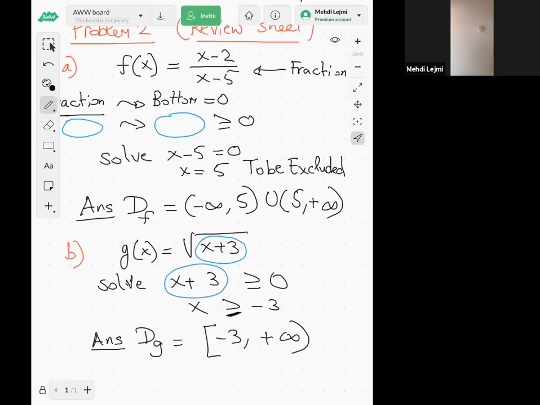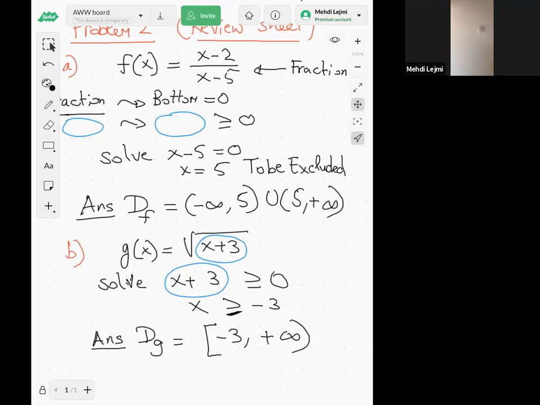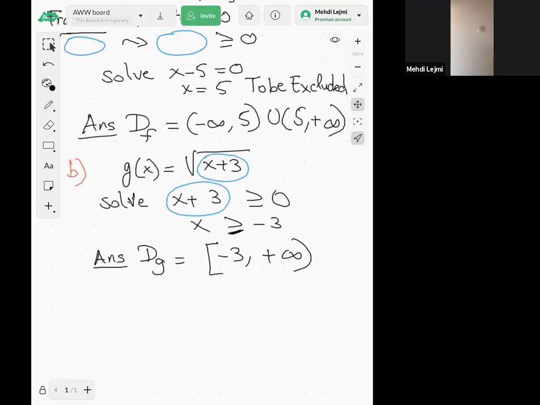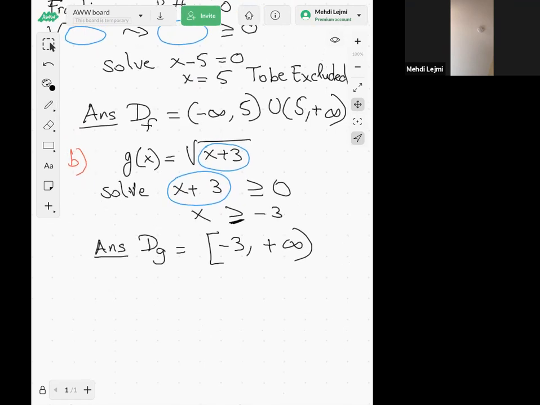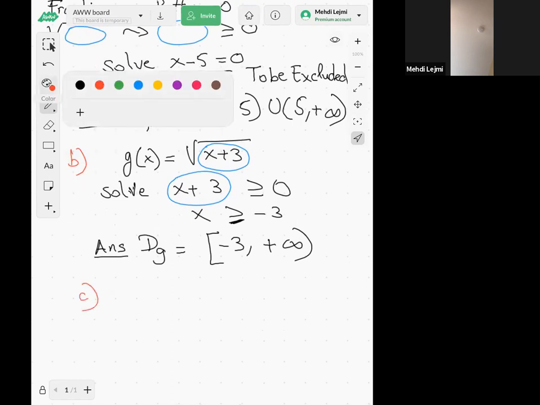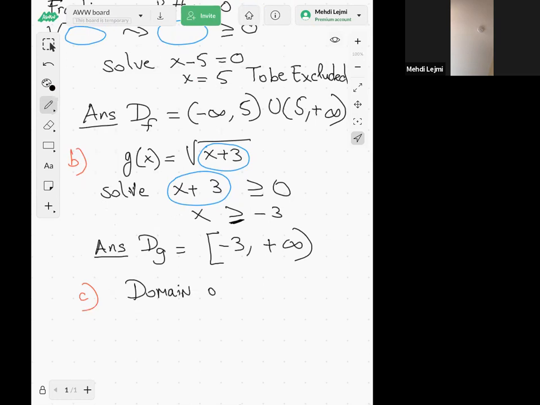Now, this is a common mistake. I saw this mistake in homeworks and so on. For f plus g, the domain of f plus g, you don't have to compute f plus g. Don't compute f plus g.